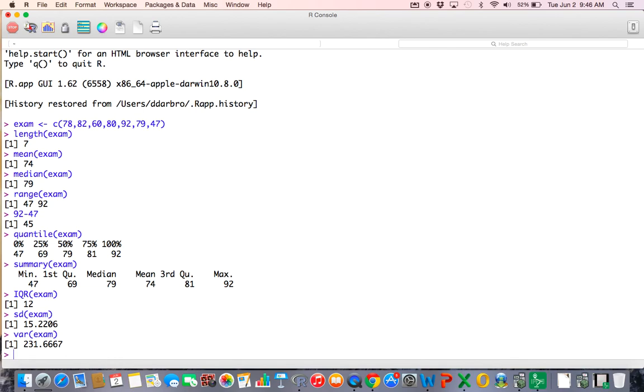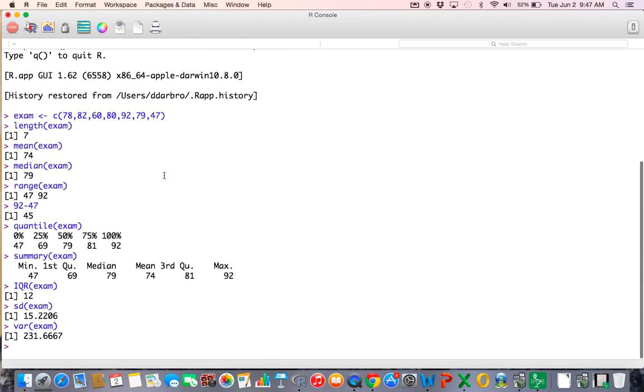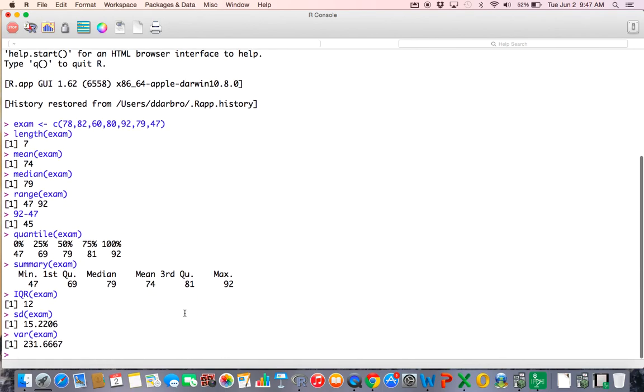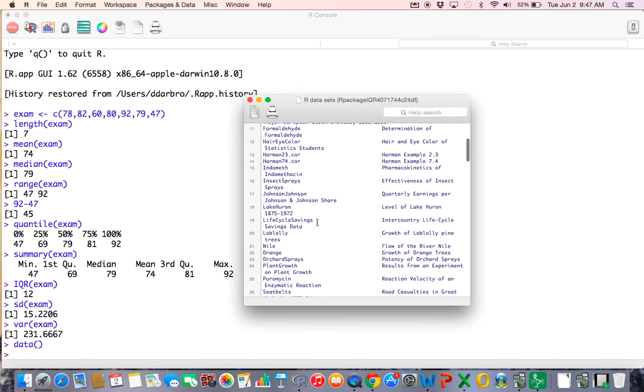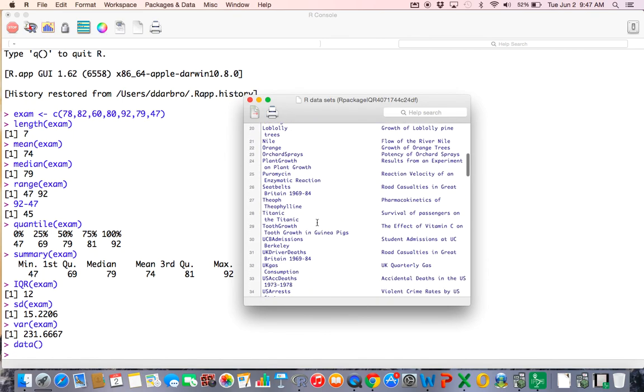So, guys, that's all I got for you. Let me show you one other thing. You have data sets that are built in to R. If you just hit data like that, it will bring some of those up. And there are some kind of cool things here that you can play around with.